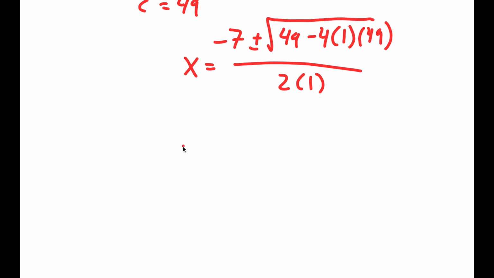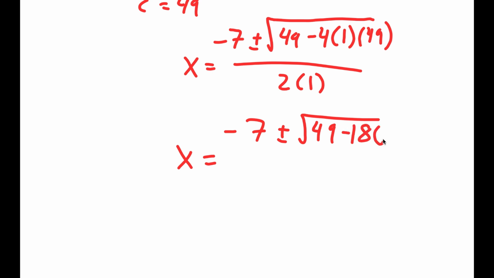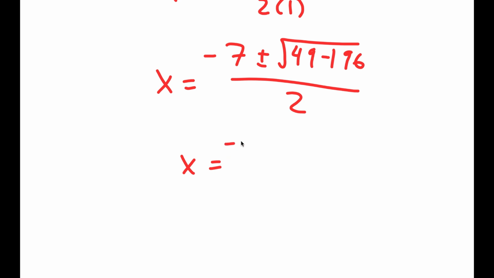And now this is equal to -7 plus or minus the square root of 49 - 196, all over 2, which is equal to -7 plus or minus the square root of -147, over 2.